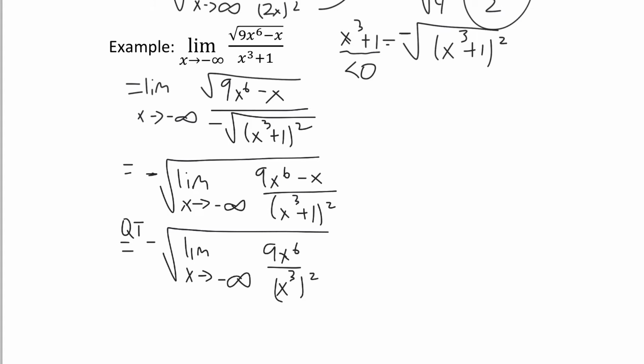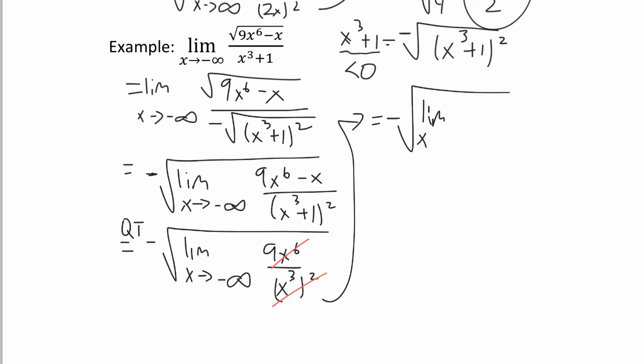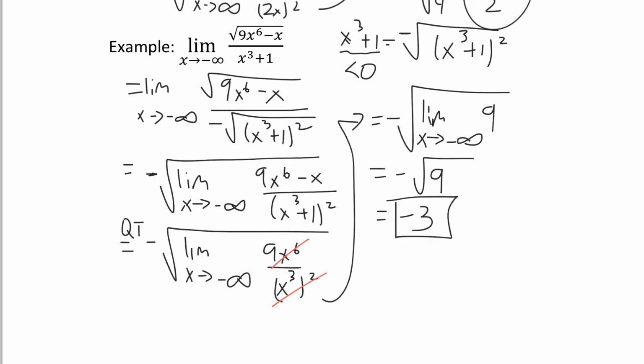Now, when you have a power to a power, of course, you multiply. So this is going to cancel with x to the 6. This gives us negative the square root of the limit as x approaches negative infinity of 9. Well, the limit of a constant is just a constant. The square root of 9 is 3. So our final answer is negative 3.